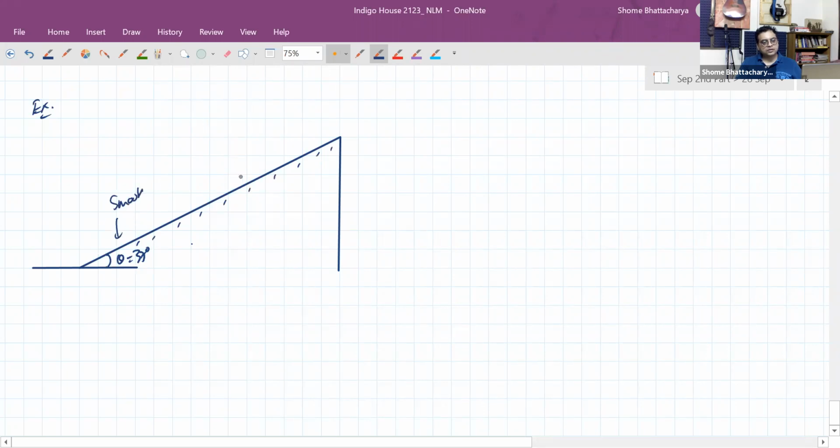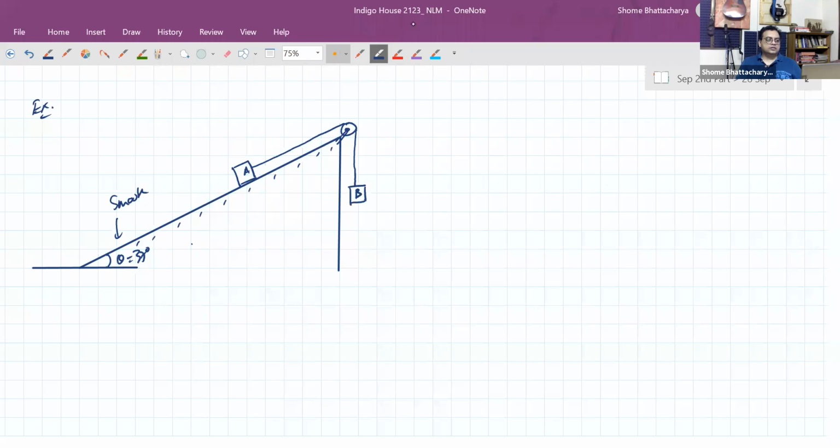Now on this we have a block like this. The thread attached again with a smooth fixed pulley on this side, and the other end of the thread, which is vertically hanging, is attached to another block B like this.